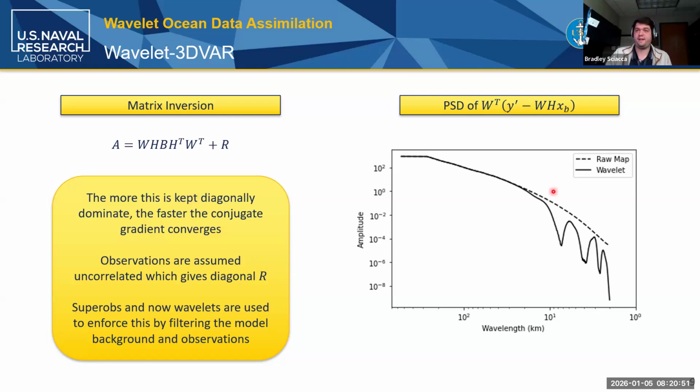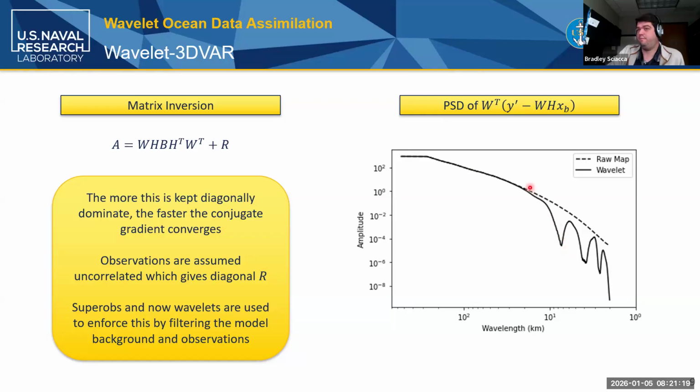For example, you can see that happening with the wavelet. If we have our regular SST observation, this is the PSD of that, the dashed line here. It has power everywhere, even at these really small scales, like 10 kilometers and under. But when we take the wavelet transform of that, remove the detail coefficients, and then inverse transform back to the model grid and take the PSD, this is that spectrum here in the solid line.